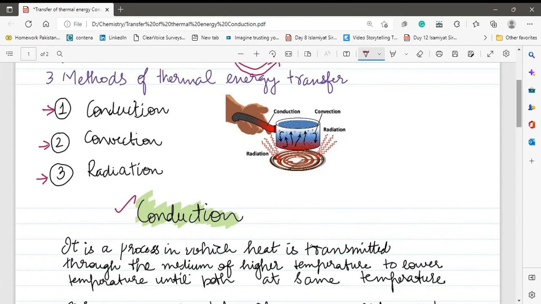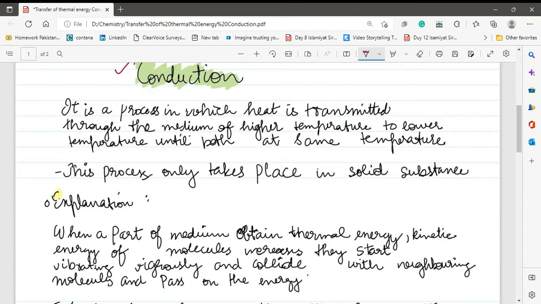So the first thing is, what is conduction, or the introduction or the definition of the process of conduction. The definition states that it is a process in which heat is transmitted from the medium of higher temperature to the lower temperature until both are at the same temperature.